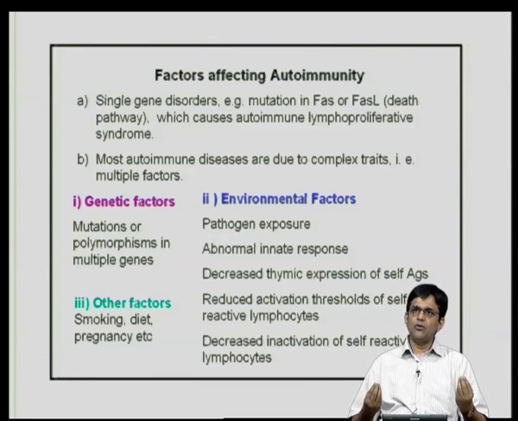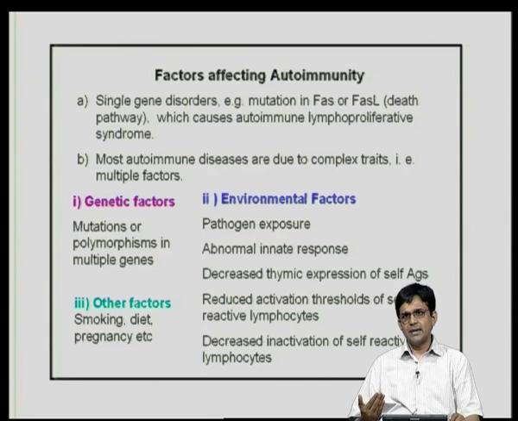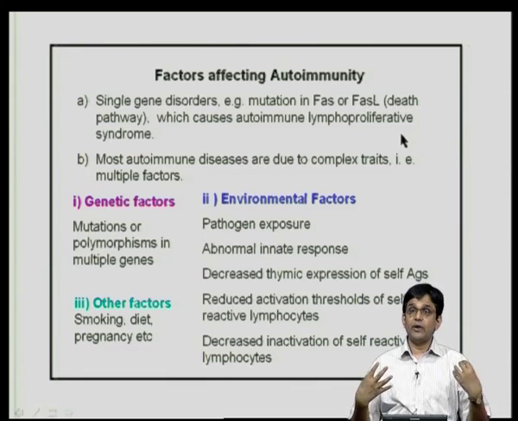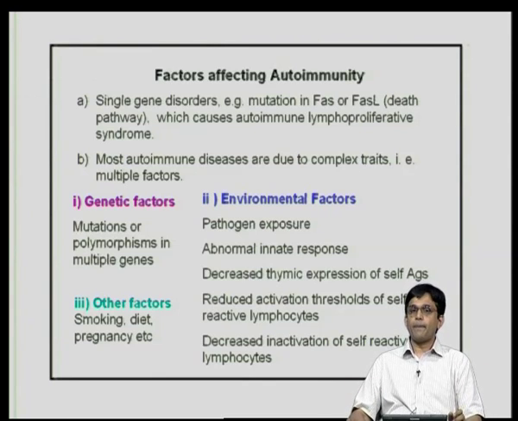The normal process by which death removes these T cells is not taking place, as a result of which they accumulate. That is why the word lymphoproliferation: they proliferate, their lymph nodes are bigger, their spleen is much bigger, because these cells accumulate, and because they accumulate they cause this autoimmune lymphoproliferative syndrome.